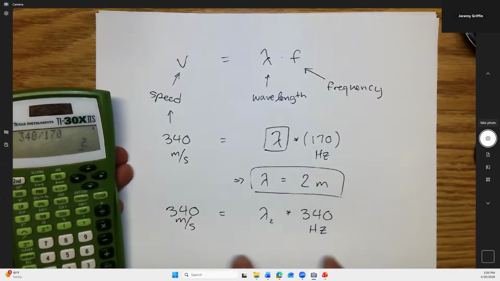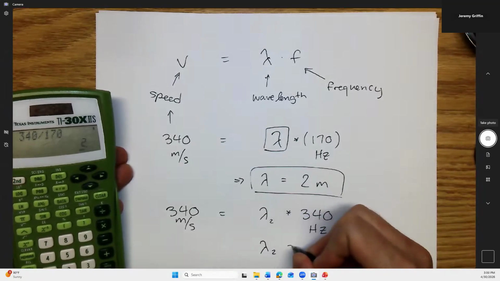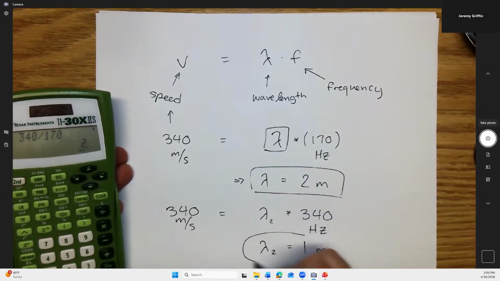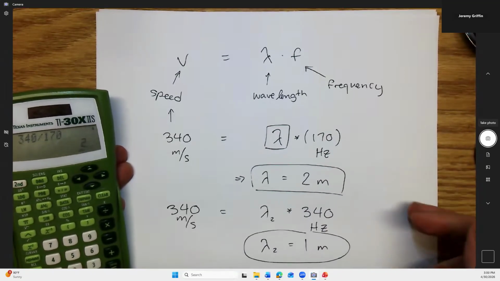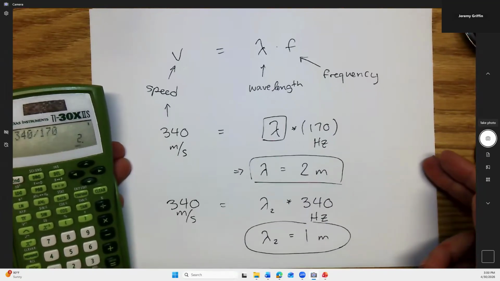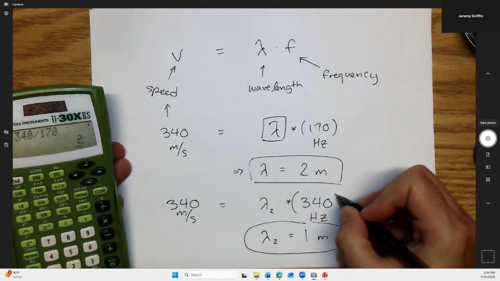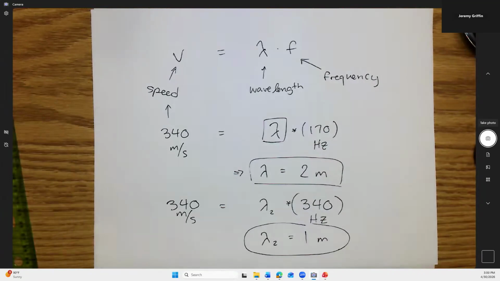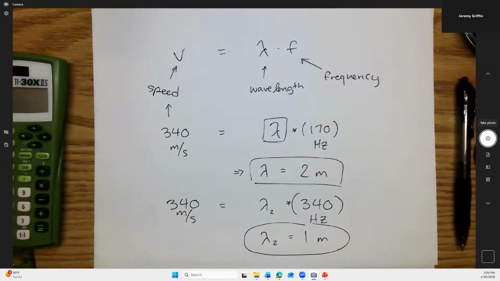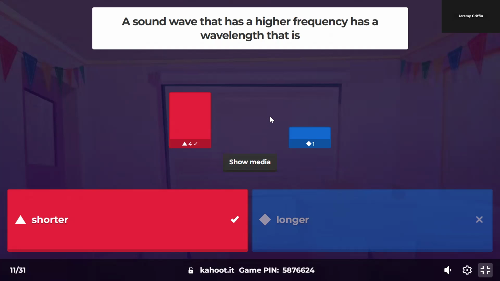That's up a whole octave. Well, now the wavelength's only half as much. You see an inverse relationship between the wavelength and the frequency? One of these gets bigger, the other has to get smaller, and vice versa. But the speed will be the same as long as you're in the same room with the same air and all that.